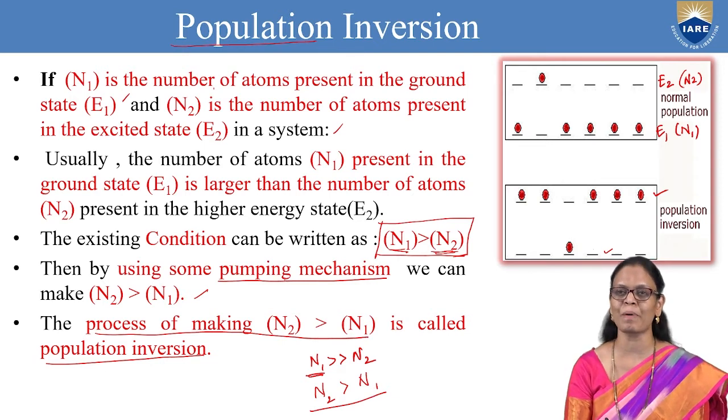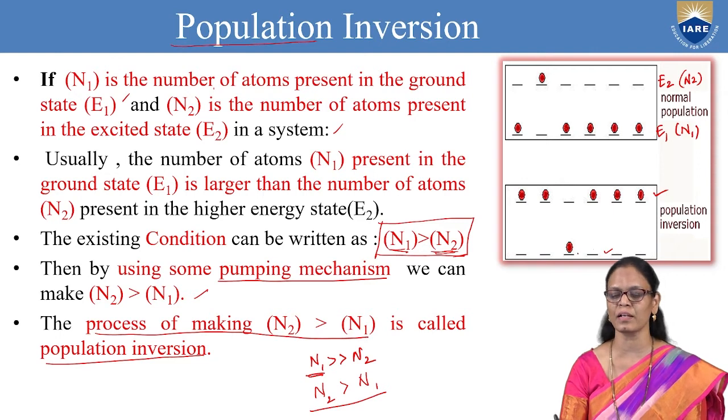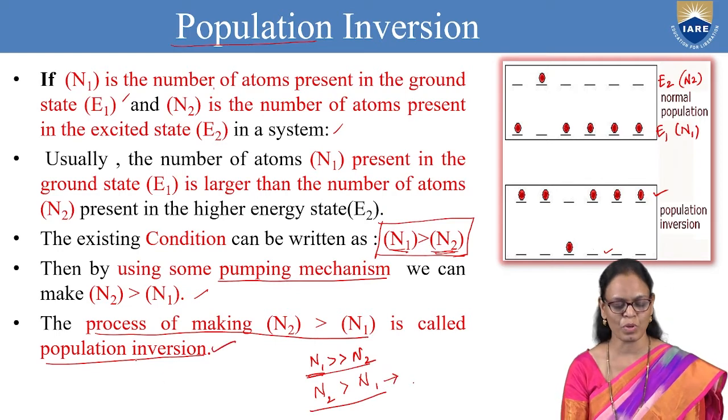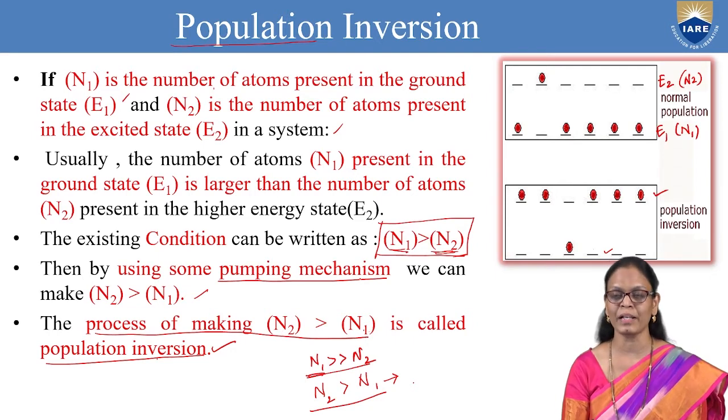We use some pumping mechanism and pump the atoms from the ground state into the excited state. When N2 is greater than N1, we are making the condition inverse, so we call this condition population inversion. Population inversion means the process of making N2 greater than N1. How are we making N2 greater than N1? By pumping.